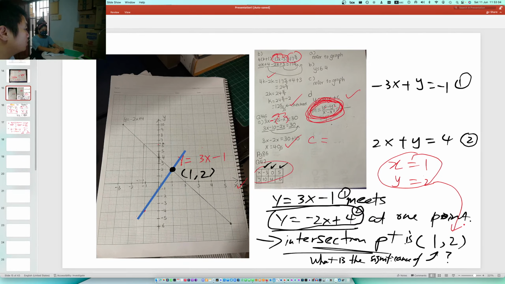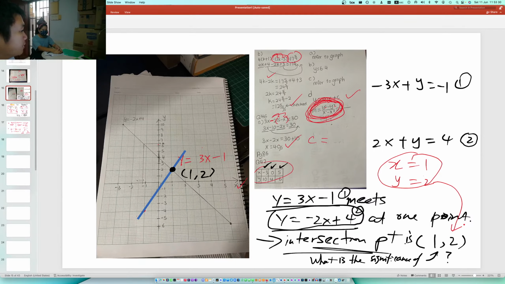The intersection point is actually the solution to the simultaneous equation of equation 1 and equation 2. Exactly. Can you repeat this? The significance of the intersection point is the solution to the simultaneous equation 1 and 2. Very good.